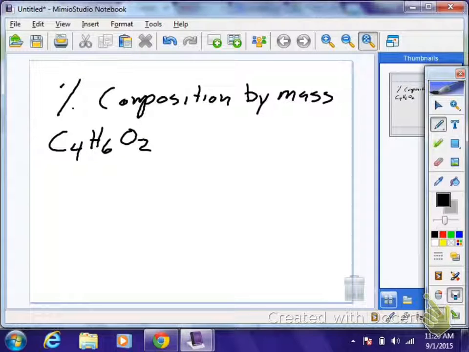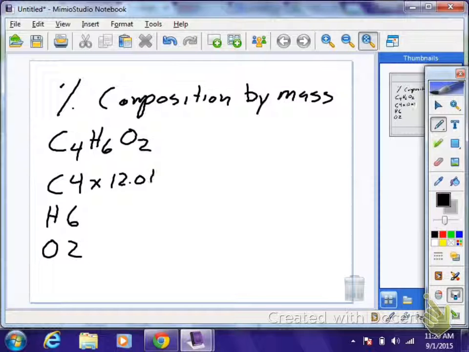So we have 4 carbons, 6 hydrogens, and 2 oxygens. Carbon is multiplied by 12.01, and its total weight contribution to the overall weight is 48.04.